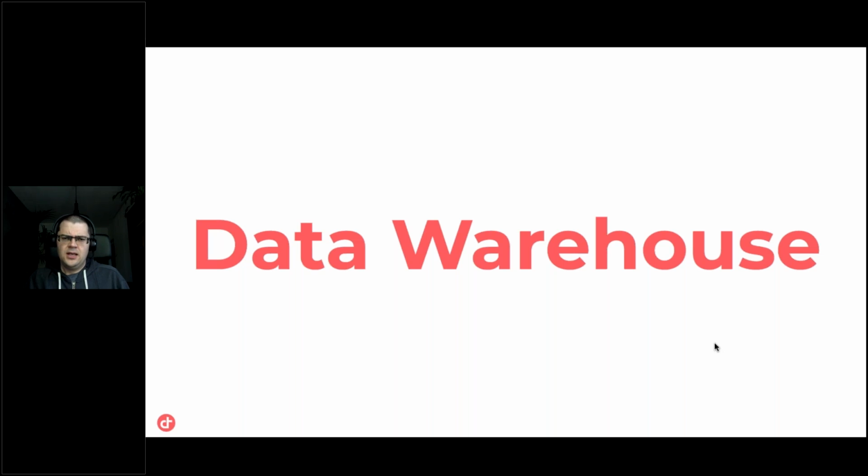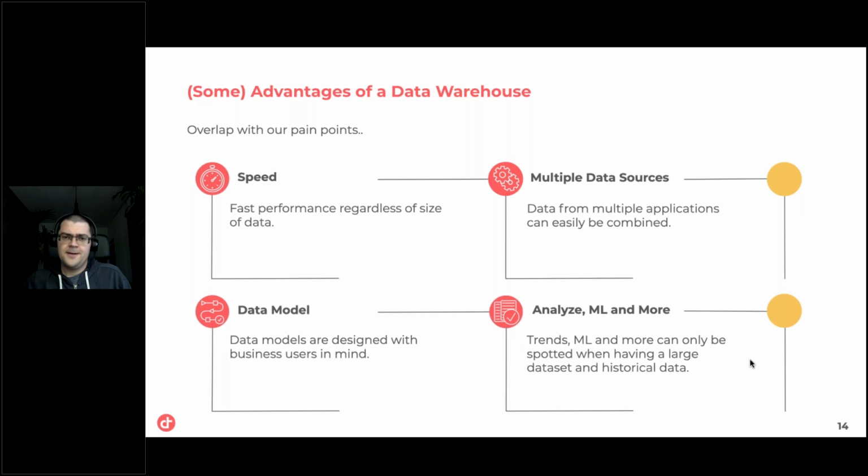Looking to a solution that we of course are doing a lot here in the Devo team, a data warehouse. Here are some of the advantages of using a data warehouse. Of course there are many more, but these were the main advantages that overlapped with our pain points. Firstly is speed.